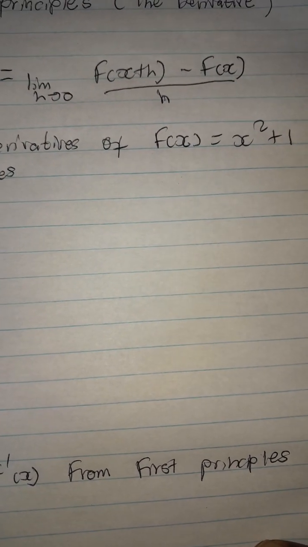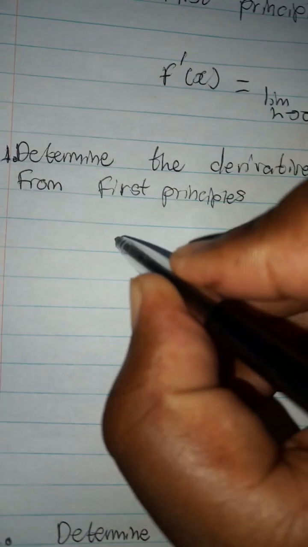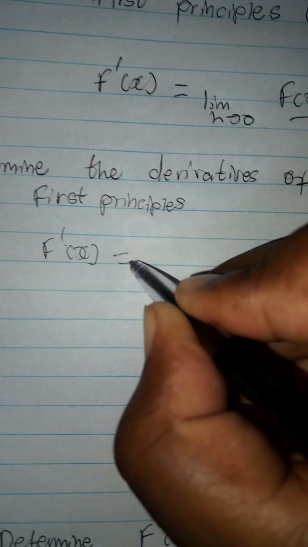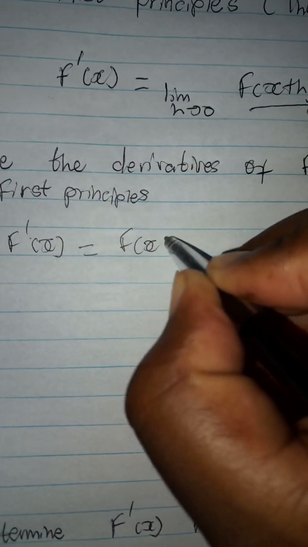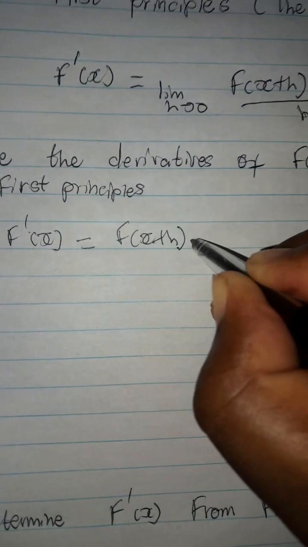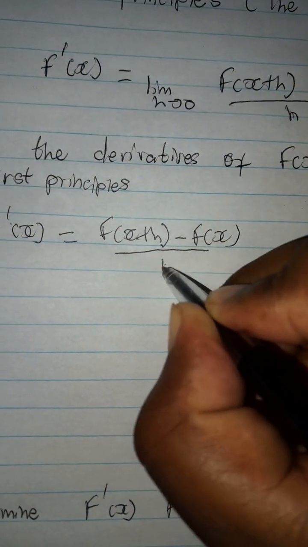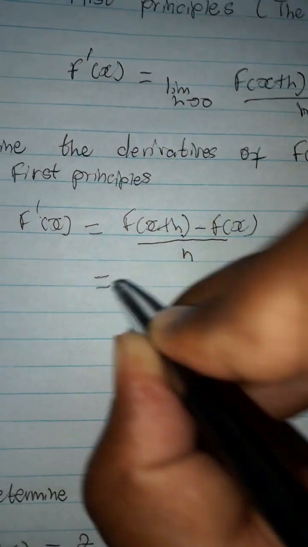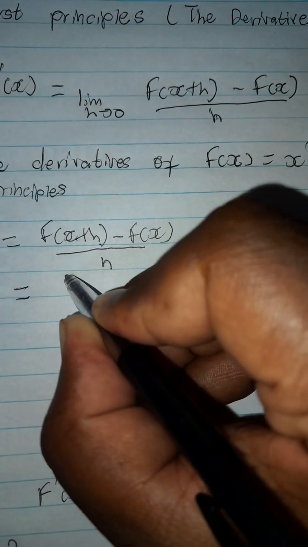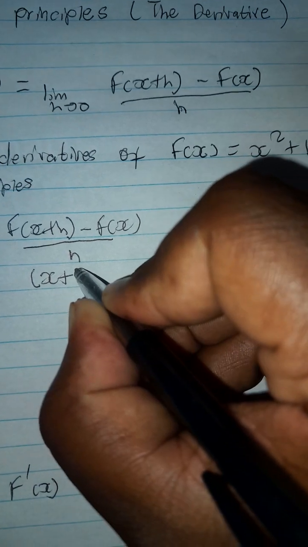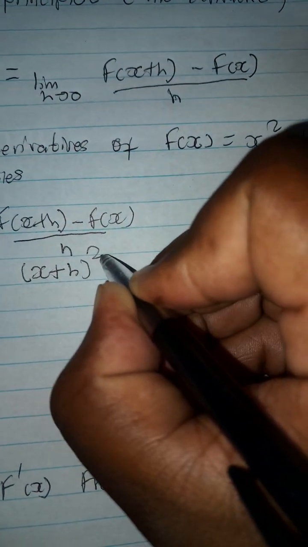Right, first things first, you will write the formula, which is the derivative of f of x equals f at x plus h minus the given function, divided by h. After that, where there is x, you replace it by x plus h squared.